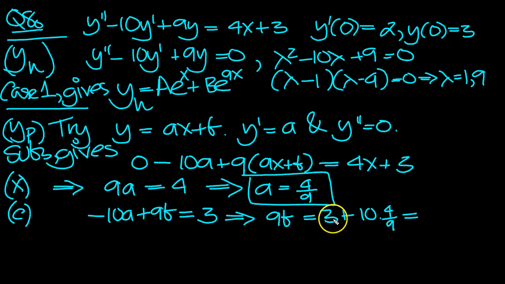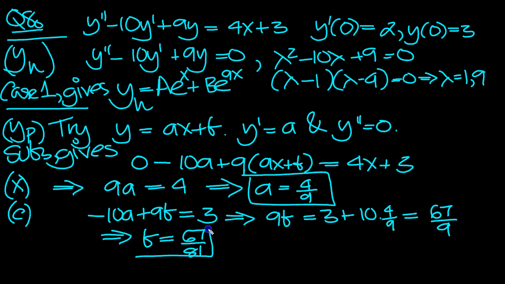This is 27/9, this is 40/9, so that's 67/9. And then we can divide by 9, can't we? So b equals then 67 over 81. 67 over 9, and then it's another 9. The 9 comes under. So 67 over 81. There we go, there's b.